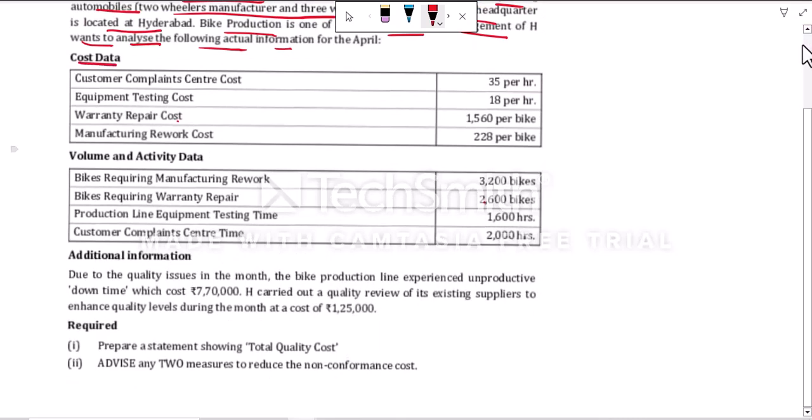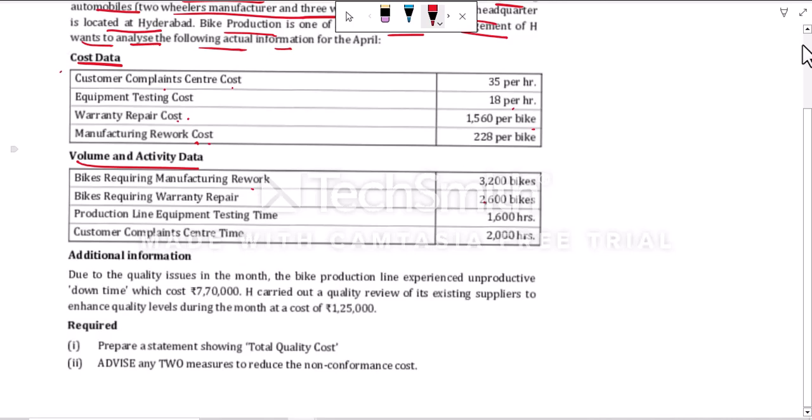Next, cost data. Customer complaints center cost 35 per hour. Equipment testing cost 18 per hour, warranty repair cost 1560 per bike, manufacturing rework cost 228 per bike. Volume and activity data. Bikes requiring manufacturing rework: 3200 bikes.